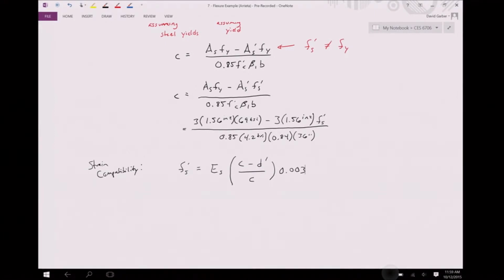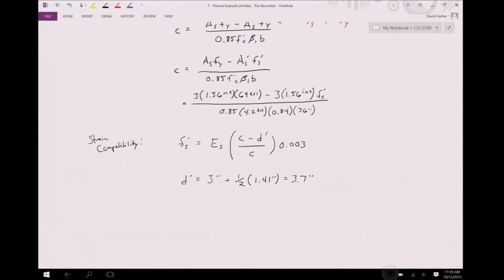Then we can find the depth of our compression steel. Our d' is equal to 3 inches plus 1/2 of the diameter of our number 11 bars, and this will be about 3.7 inches.